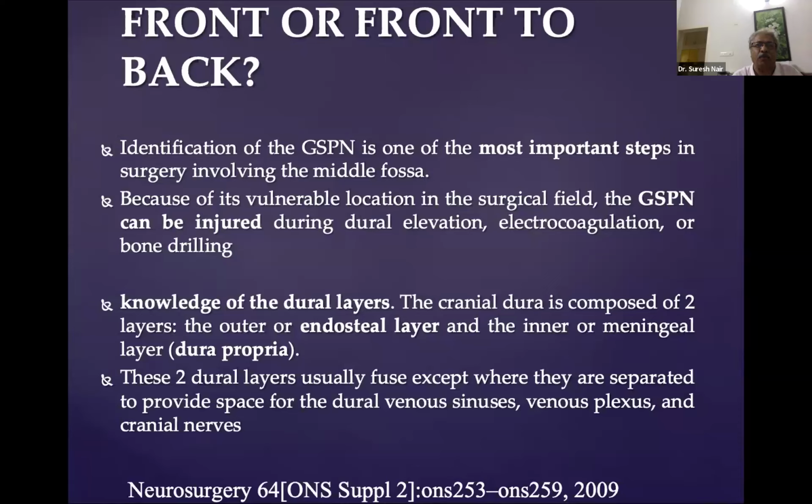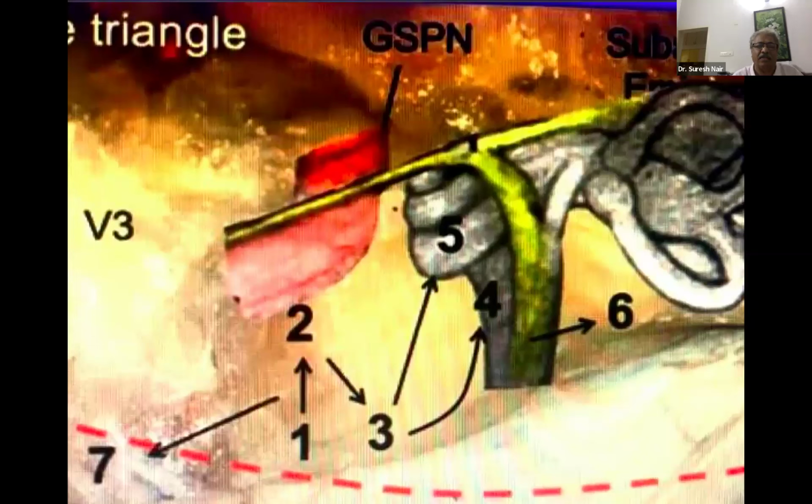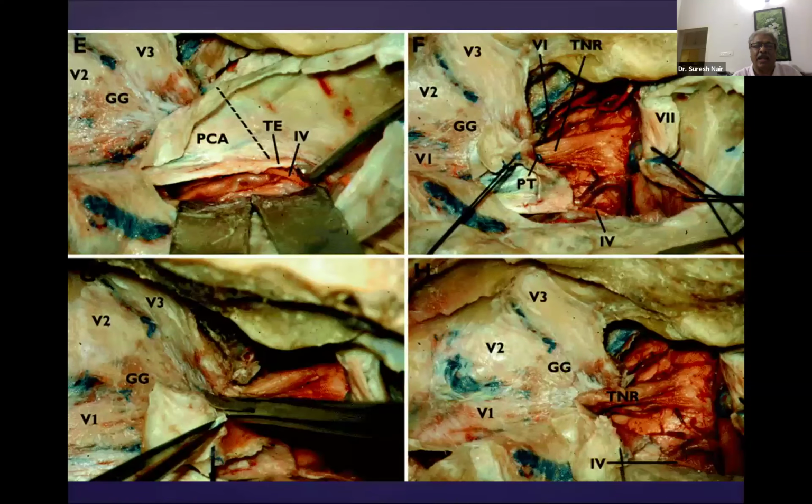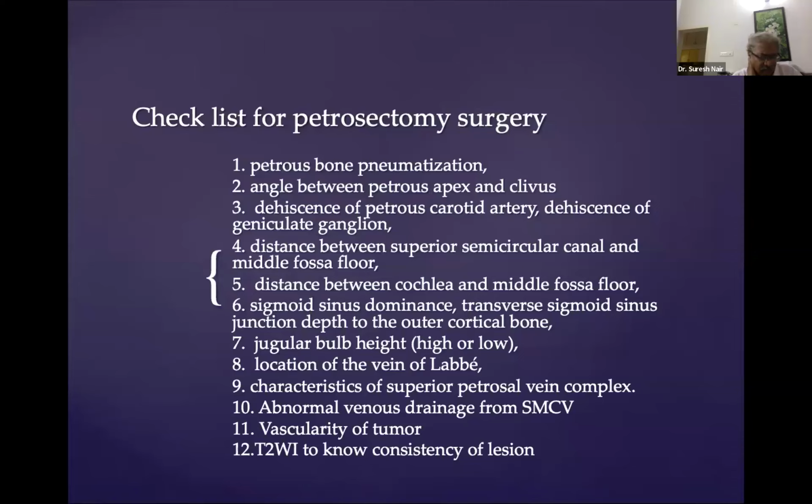But many people do it from posterior to anterior, and there is a good article. The petrous bone should be drilled, and again it was stressed by Arun that the importance is first identifying and opening the internal auditory canal, and this is a very important step which everybody should know.